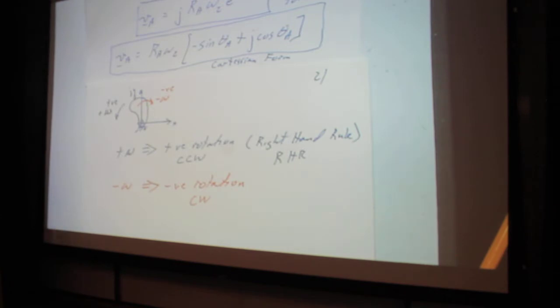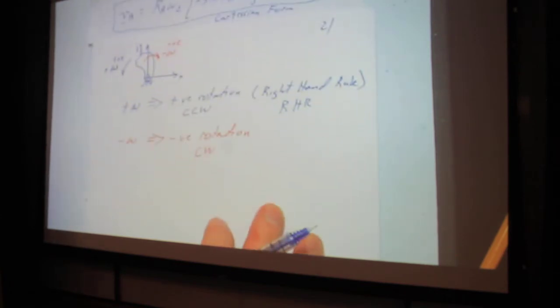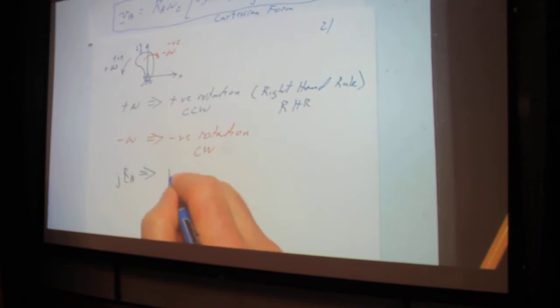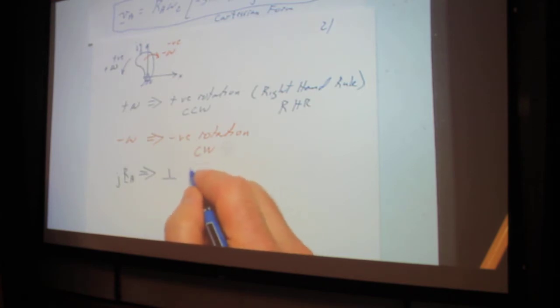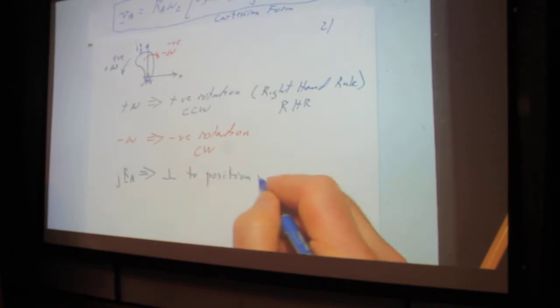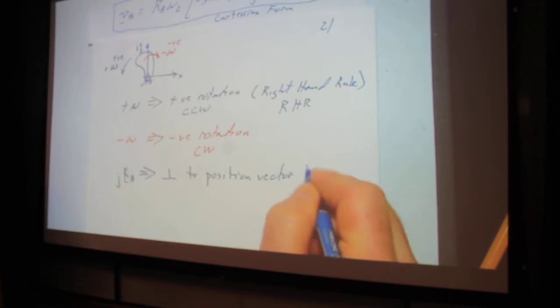The other thing I want to point out here is the j RA implies that it's perpendicular to the position vector RA.